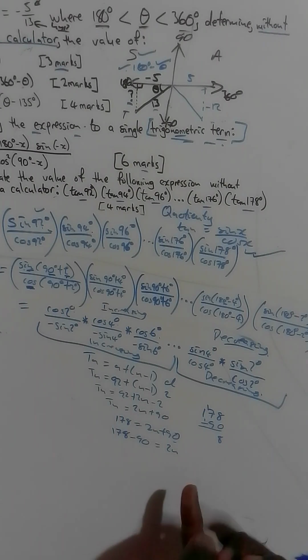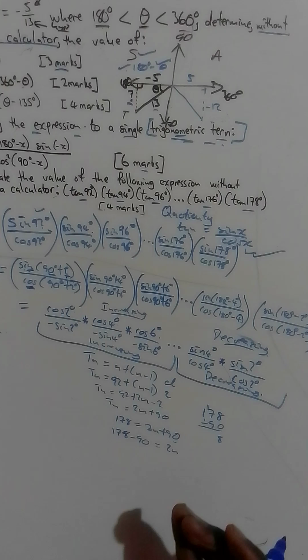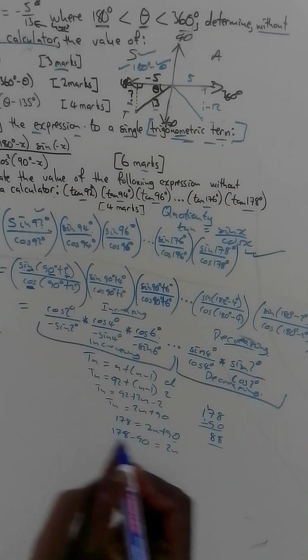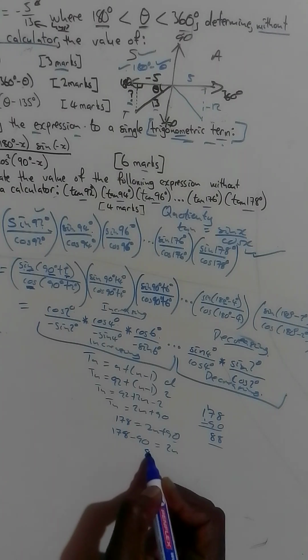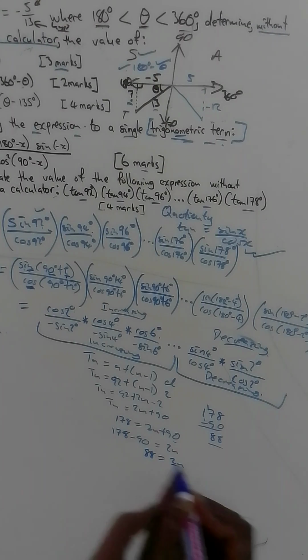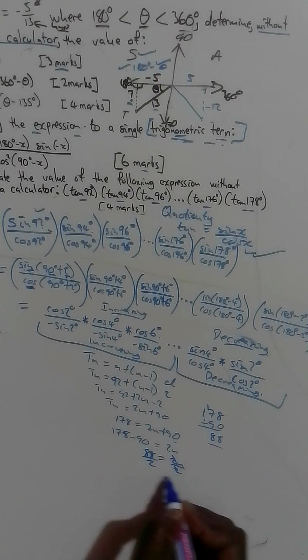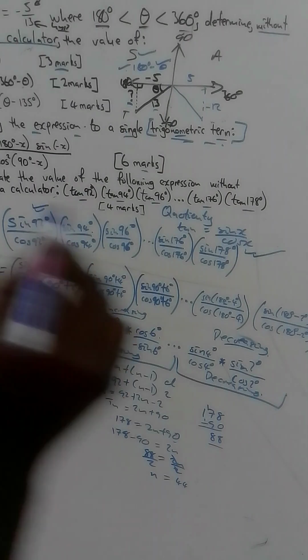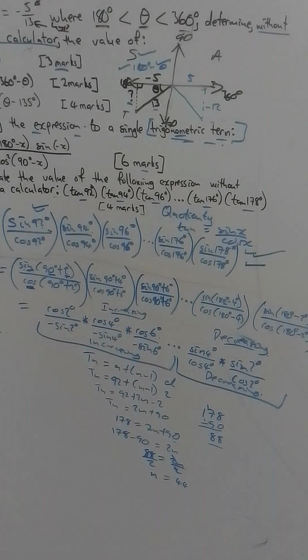Then 10, 11, 12, 13, 14, 15, 16, 17, I've got 88. So 178 minus 90 is 88, which is equals to 2n. I divide by 2, I divide by 2. Therefore, 88 divided by 2 is equals to 44. Which means that from sin 92 to sin 178, I've got 44 values.